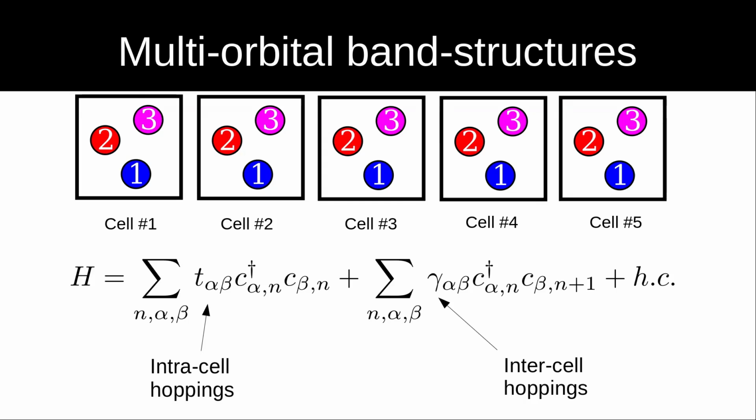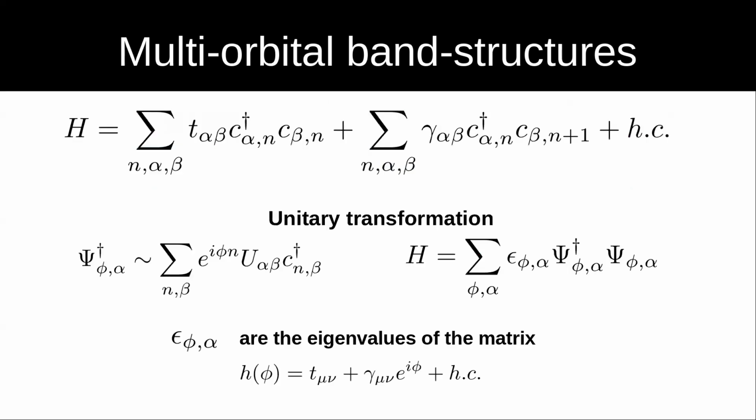But in general, you could have couplings to not only the next unit cell, but next to next, next to next to next, and so forth. The tricks are always the same, but let us, for simplicity, focus on this case with only first nearest cell coupling. So the trick to diagonalize the Hamiltonian is actually very similar to the one that we used for the single orbital model.